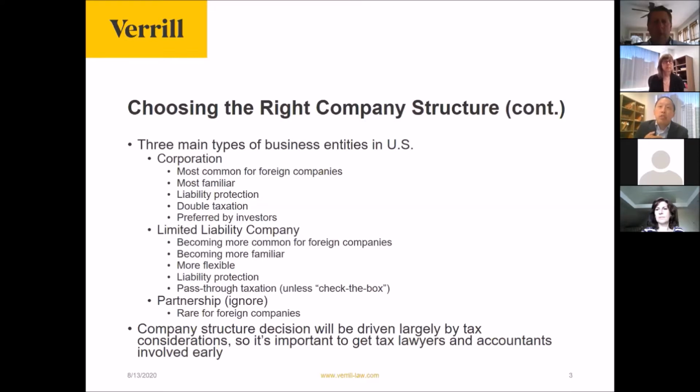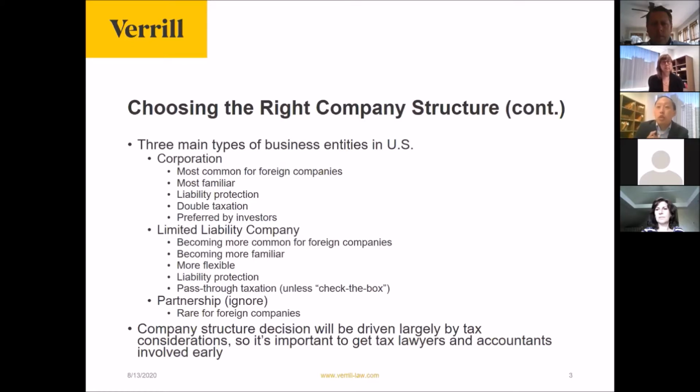They also have what's known as double taxation. Double taxation is, domestically in the U.S., probably one of the biggest disadvantages of corporations. Double taxation refers to the fact that a corporation is taxed on its earnings at the corporate level, right? And then when there's a distribution to stockholders, that income is further taxed.